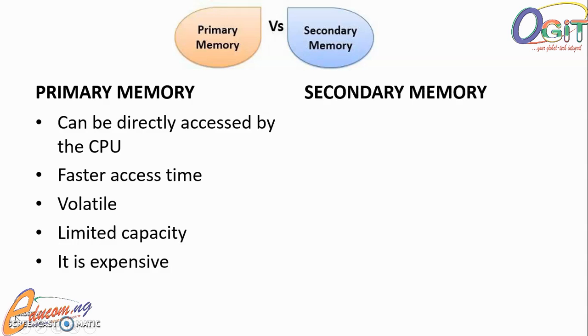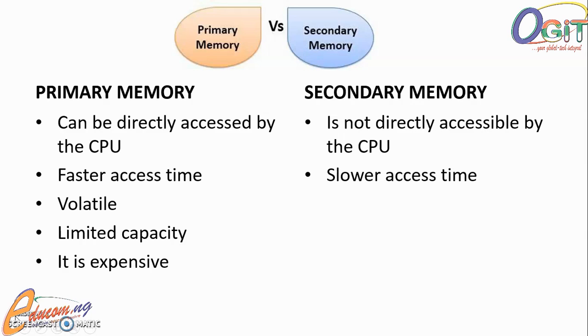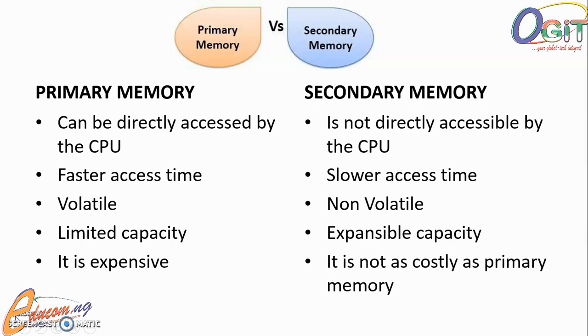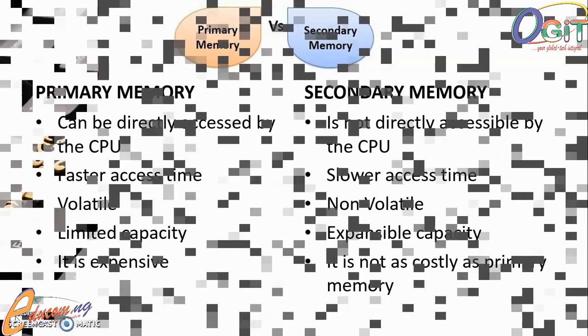As against primary memory, secondary memory is not directly accessible by the CPU. It has a slower access time. It is non-volatile. Whatever information is stored on the secondary memory cannot be easily lost. It has an expandable capacity, and it is not as costly as primary memory.